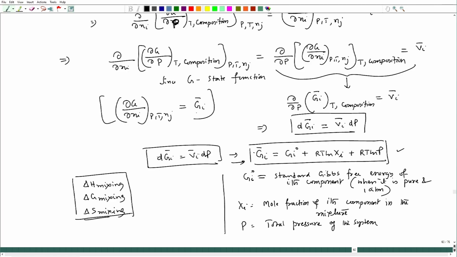All those three we will try to calculate for an ideal gas mixture, and this mixture is a homogeneous mixture.